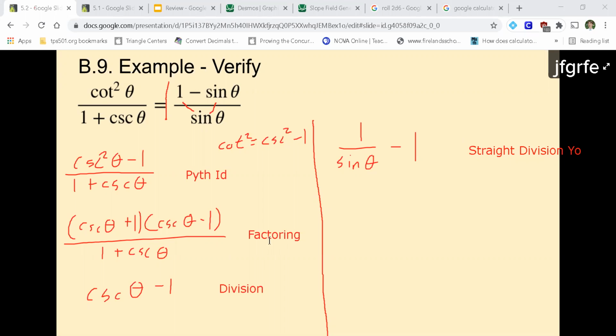And actually, I'm pretty close to meeting in the middle here. I've got the minus 1, but what is 1 over sine?